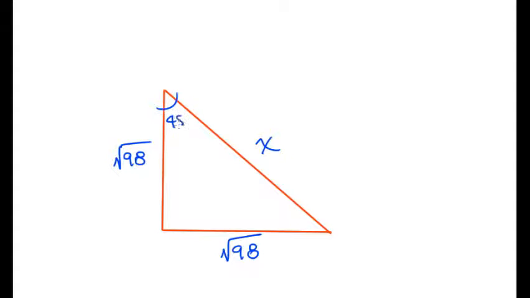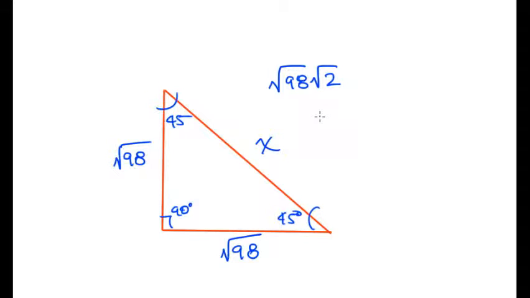As you can see, this is a 45, 45, 90 triangle. In 45, 45, 90 triangles, if these sides are S, the hypotenuse will be S rad 2. Therefore, it is safe to assume that our x here is just going to be rad 98 times rad 2.